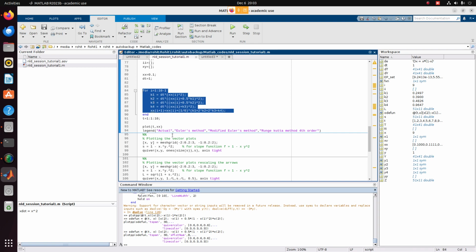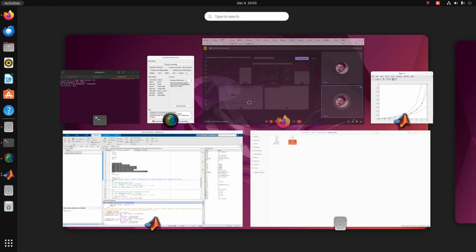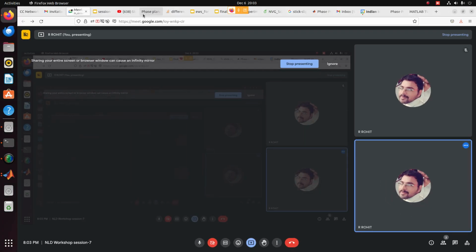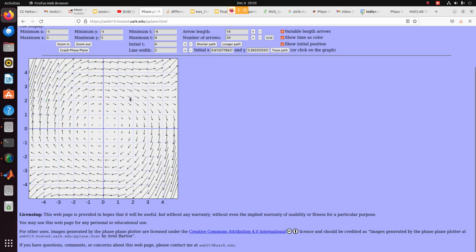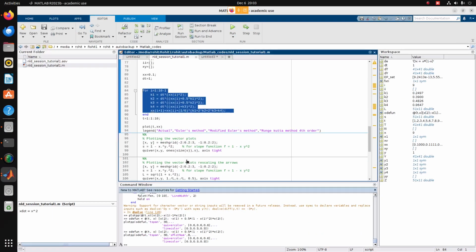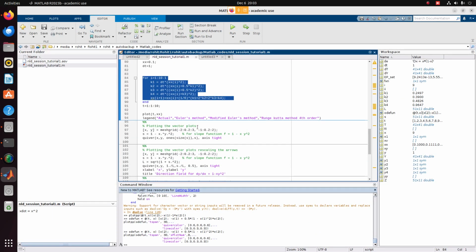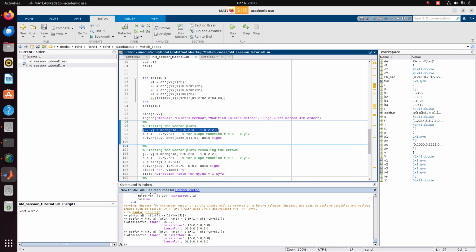Now, as I have shown here in the phase plane portraits, you can see the vector plots which were shown in the plots. Now how do we create these kinds of vector plots when you are given a dynamical system equation? For plotting that vector field, initially you need to mention the size of the mesh or the screen, the x comma y plot.